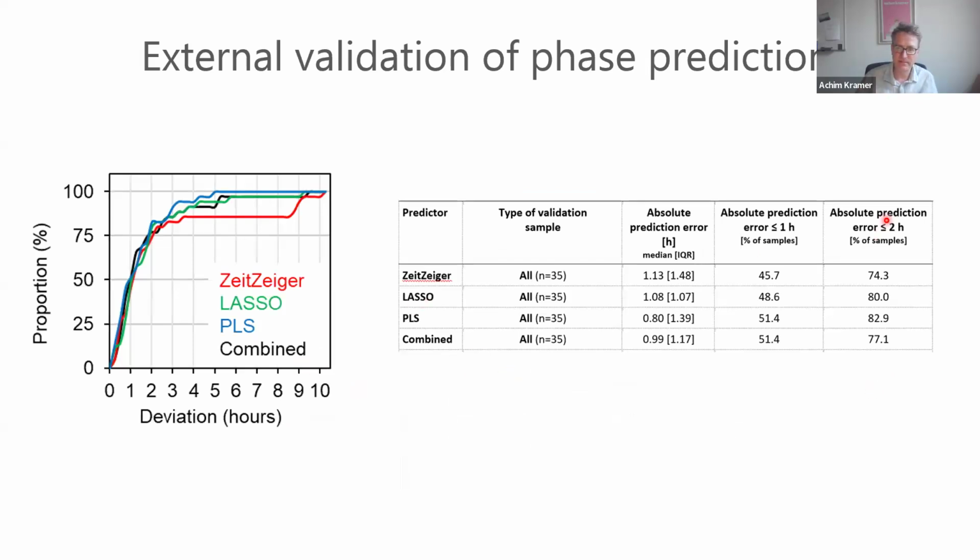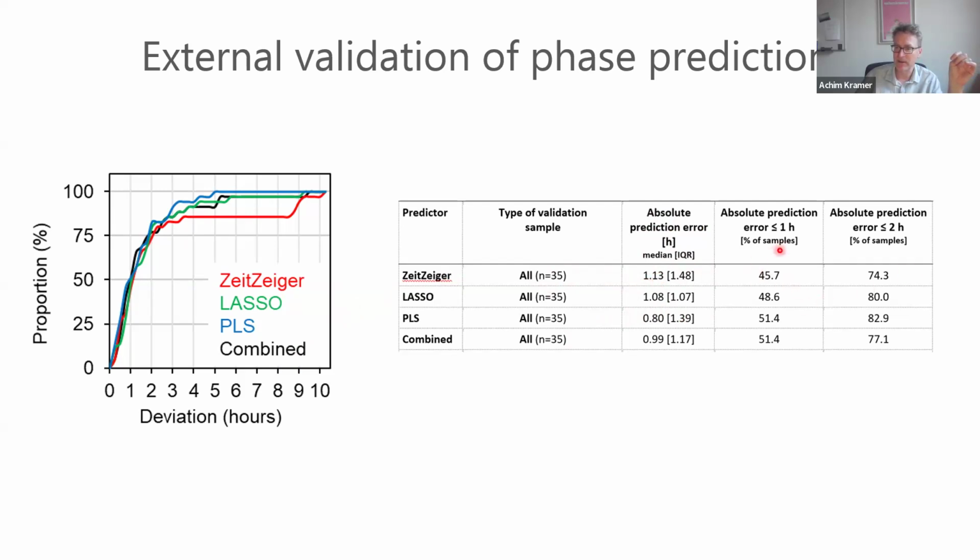And now the question was, how good are these 35 samples predicted? Let's first look at this table. What we determine is the absolute prediction error, and this is the median. If we get 1 hour, it means that 50% of these samples are predicted with a deviation from DLMO lower than 1 hour, and 50% have a higher deviation.